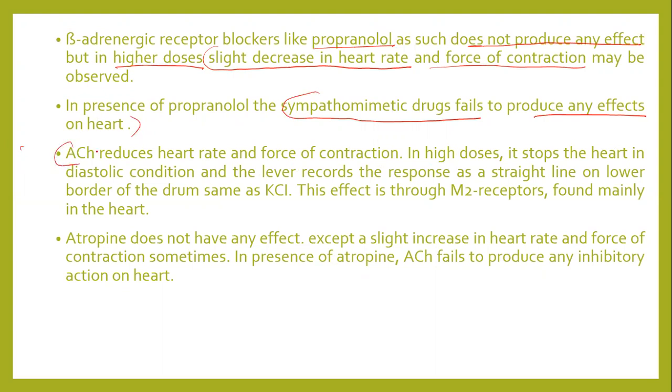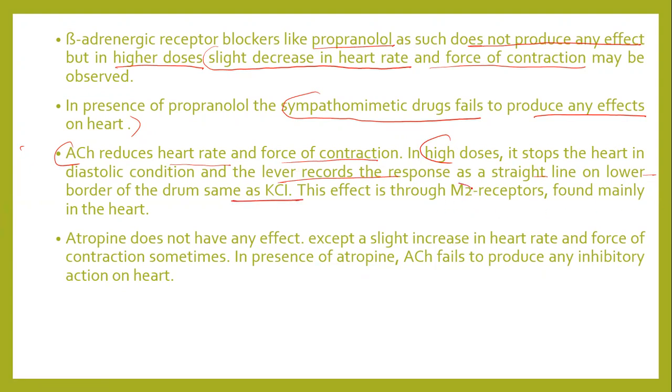So the ACh reduces the heart rate and force of contraction. In high doses, it stops the heart in diastolic condition, and the lever records the response as a straight line on the lower border of the drum, same as that of the KCl.